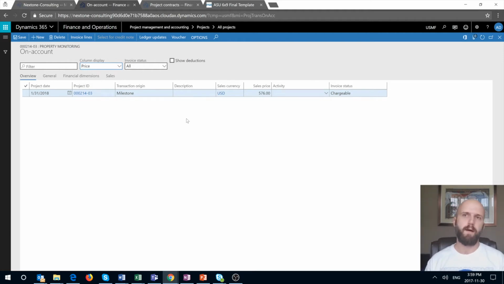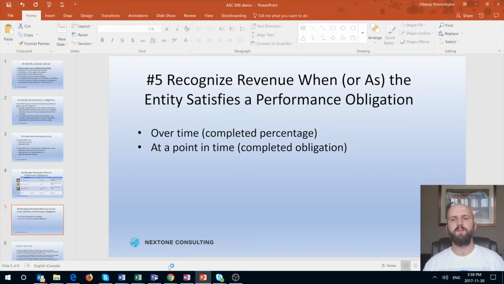This brings us to step 5, the last step of the ASC 606 standard, which deals with recognizing revenue when or as the entity satisfies a performance obligation. So you can see that there is a when scenario and there is an as scenario, because revenue can be recognized over time, which equates to the completed percentage principle.